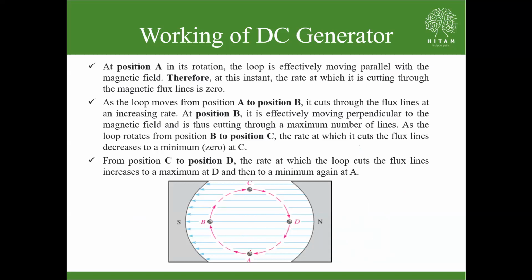See that at position A, the loop is effectively moving parallel with the field. Parallel with the field means both are in the same direction. The blue color indicates the field lines, the flux lines, and the red color I drew indicates the coil direction.